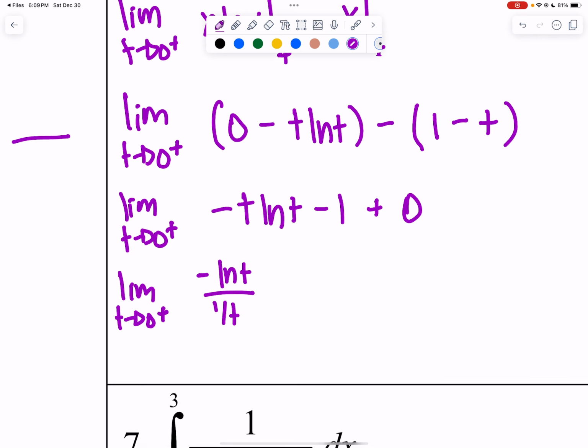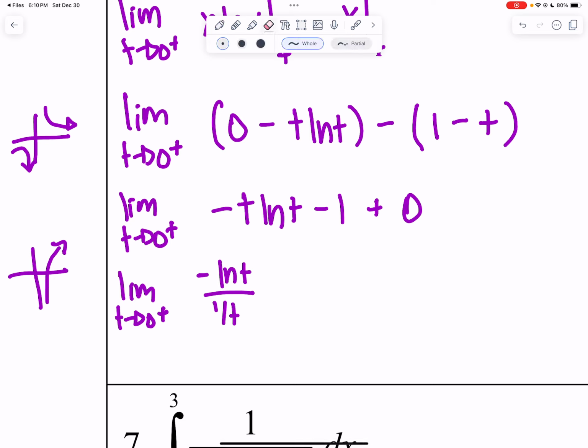It looks like that. And remember that 1 over t looks something like this. So if I were to approach 0 from the right, I'm going to get positive infinity. And then with ln of t, that's the reflection over the x-axis. So that negative ln of t, that looks like this now. And if I were to approach 0 from the right, that's going to be infinity.